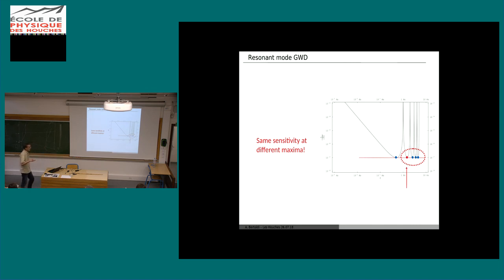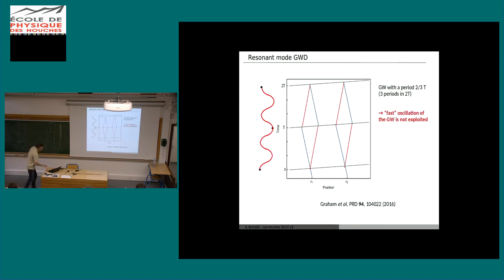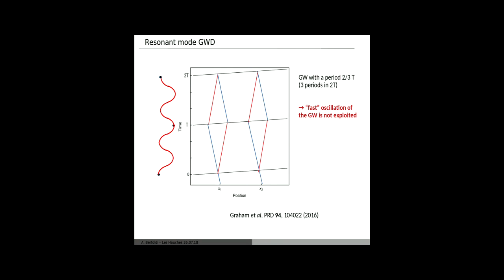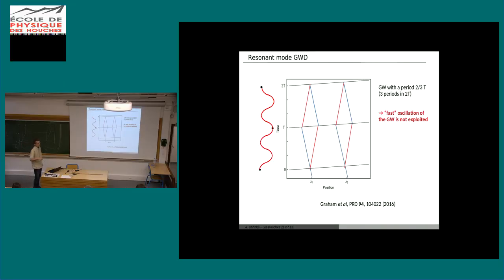If we concentrate for a while on the second one, we have that here we have 3 periods during the total interrogation time, and in some way we are wasting the fast wiggling of the gravitational wave, because we just probe here and there and there.